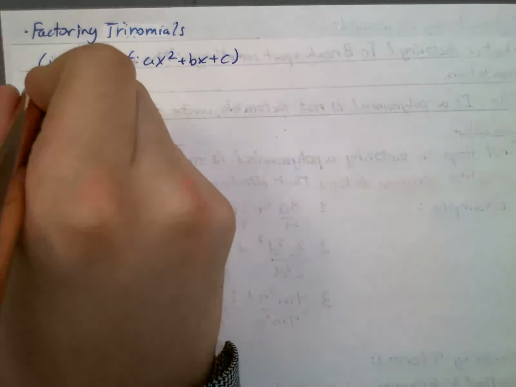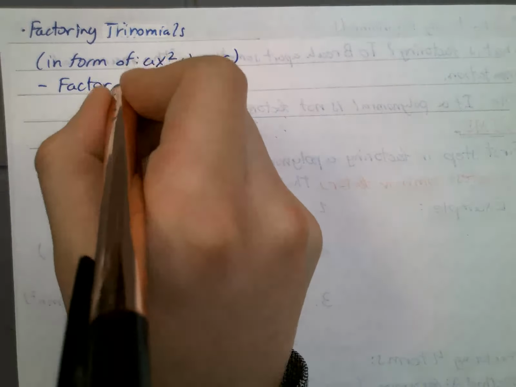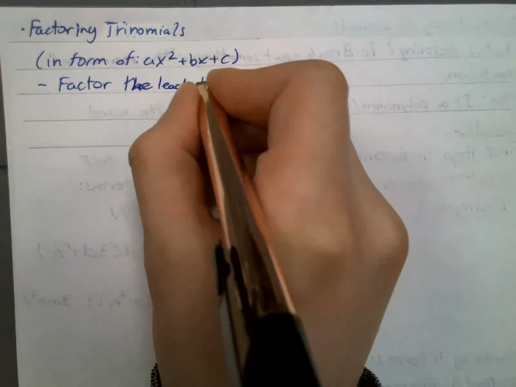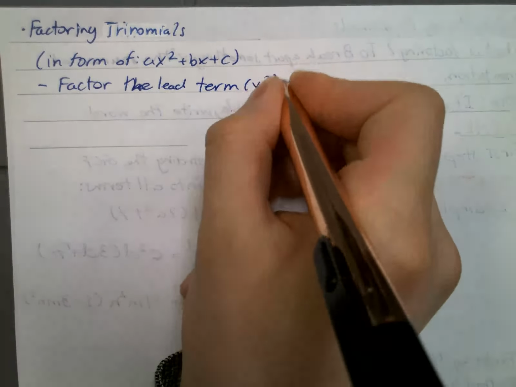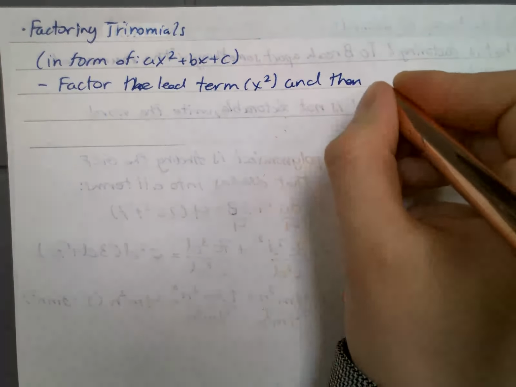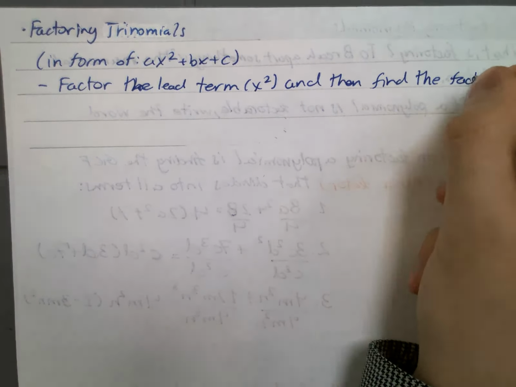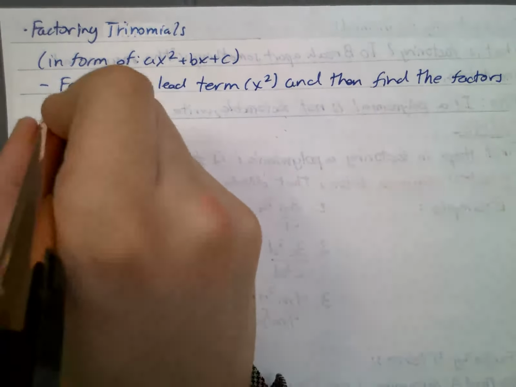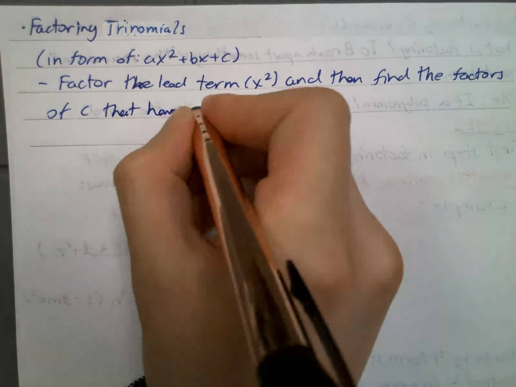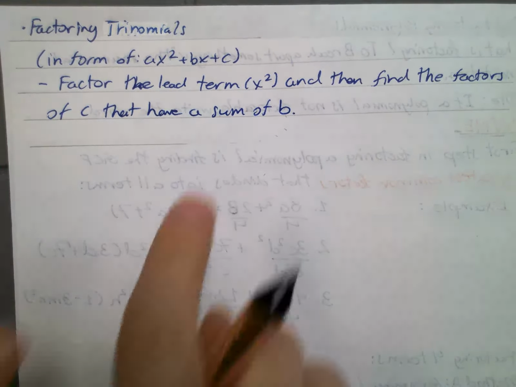When we factor these, we're going to factor the lead term, x squared, and then find the factors of c that have a sum of b. And when I'm talking about c and b, I'm referring to this up here.